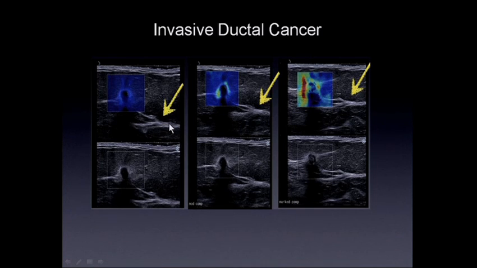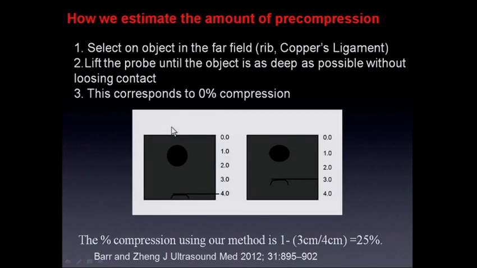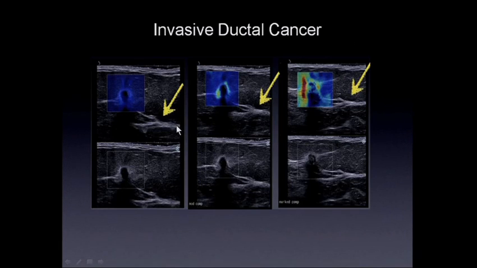What I like to do to decide how much pre-compression I'm doing is look at this Cooper's ligament. Here's our Cooper's ligament at this depth with a lot of pre-compression. As I lift up the probe, we can see that this is falling deeper and deeper into the far field, so I'm releasing the pressure from the breast. I use this all the time when I'm doing elastography.